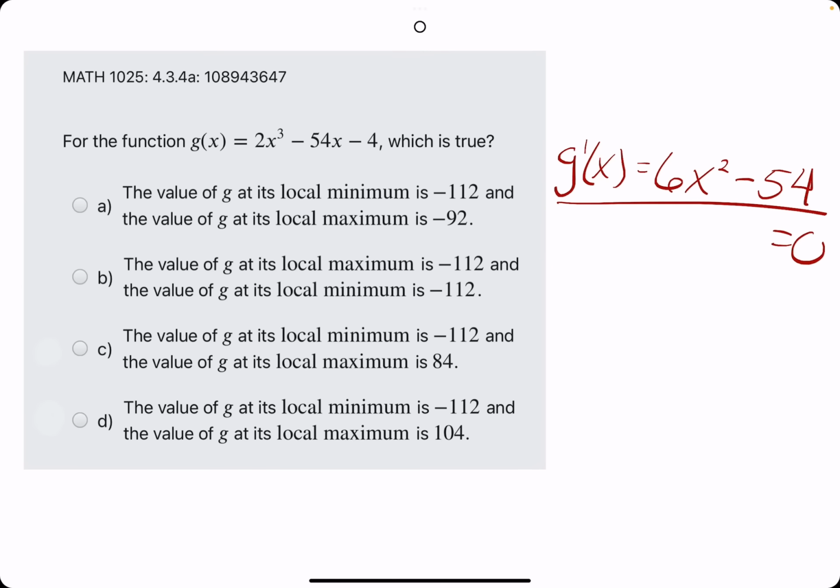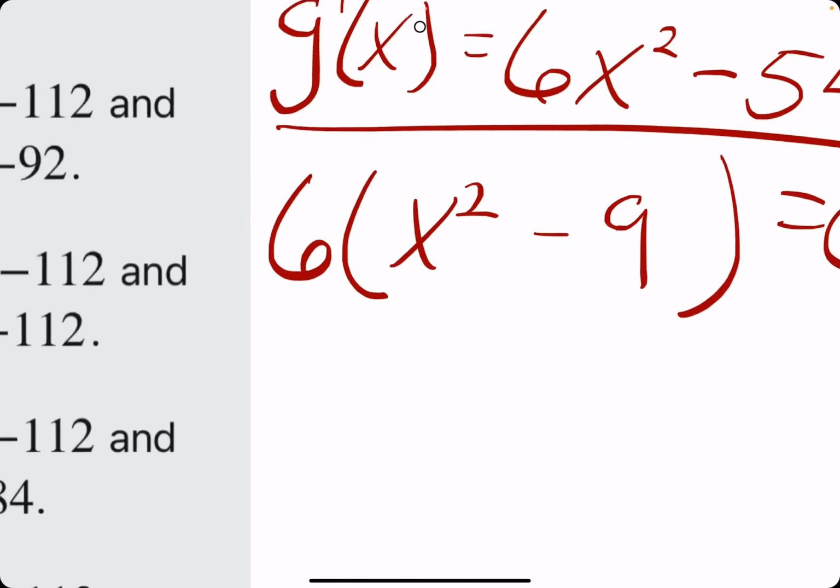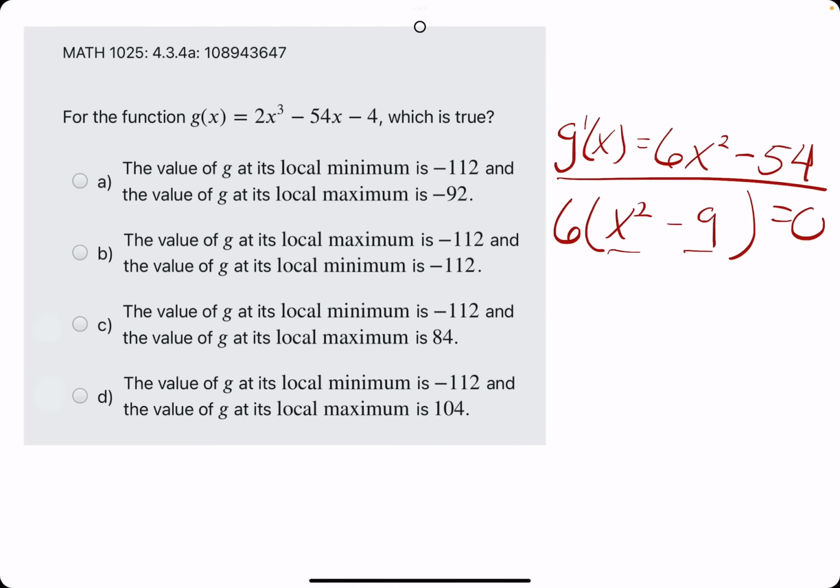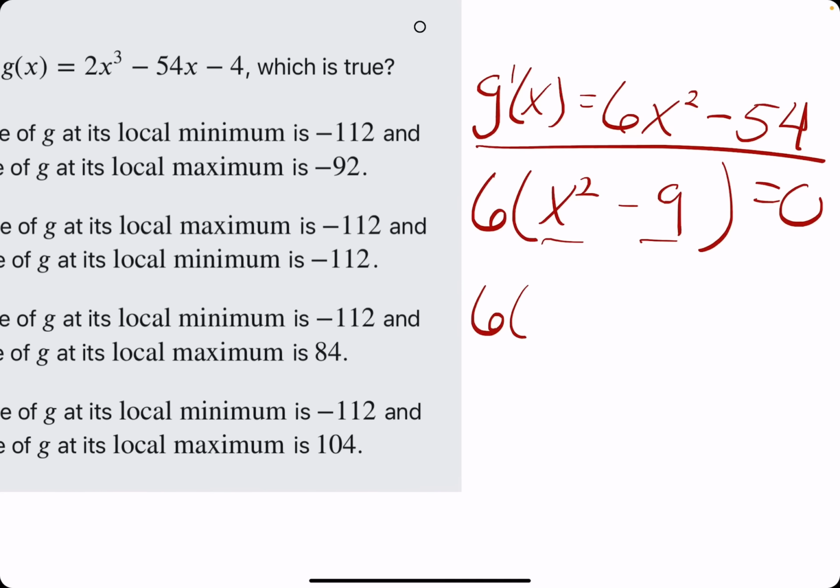If we factor a 6 out of both terms, we'll have x squared minus 9. A difference of two squares, x squared and 9, can still be factored. I'm going to just leave off the 6, like I did with the last one. Difference of two squares is the situation where we have plus and minus.